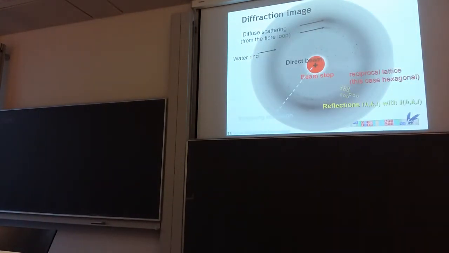And then the last thing: these reflections are actually on a lattice, and they're enumerated with 3 indices. Two indices make sense, right? Because you have a 2-dimensional plane. But I told you we're going to rotate the crystal, so you should think of this as a 3-dimensional diffraction pattern.